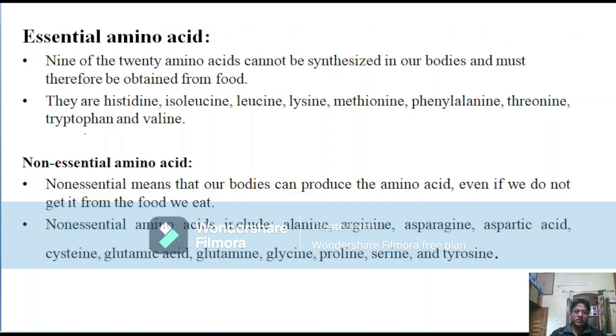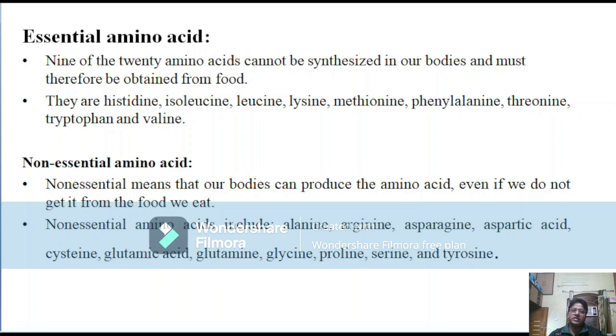Now we come to the classification of amino acids based on nutrition. These amino acids can be classified into three categories: essential, non-essential, and semi-essential, or we can say conditionally essential amino acids. Essential amino acids are those which our body cannot synthesize, and we have to acquire them through our food, because every amino acid is required for protein synthesis, and if there is a deficiency, the body cannot make these.